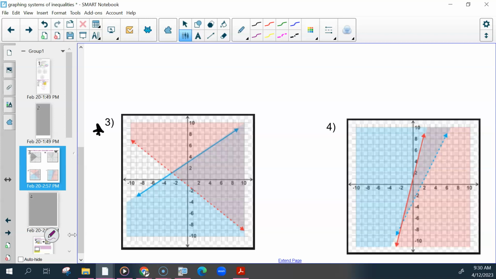So we're just going to do one of these, and then I'm going to show you how you can check yourself in Desmos, and then you'll have time to practice.